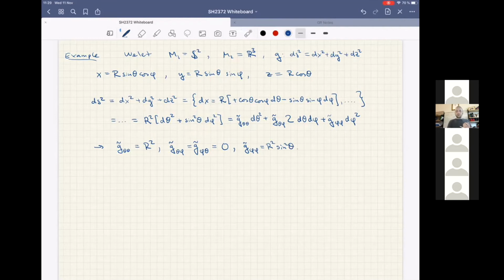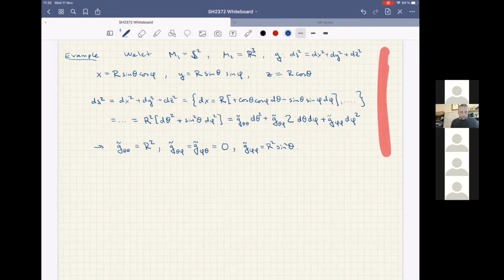So this is the easy way of computing the induced metric when you have an embedding of a manifold in, for example, R3: you look at the line element and express it in terms of these coordinate differences instead of the coordinate differences in R3.